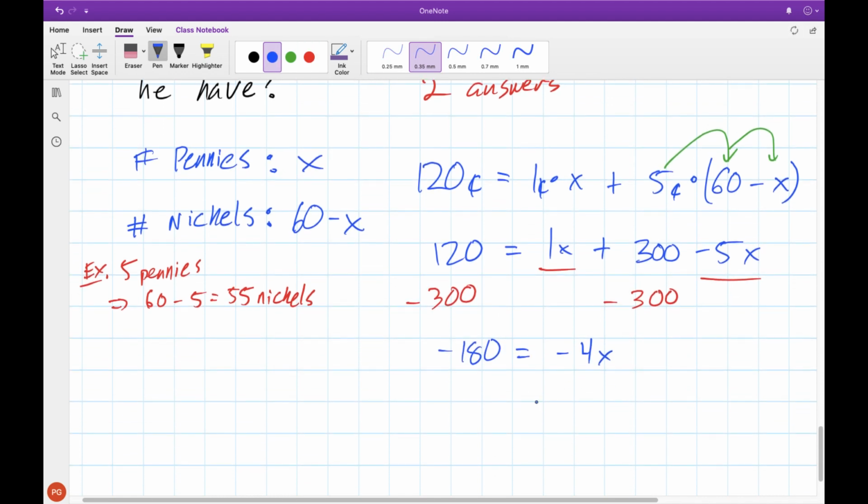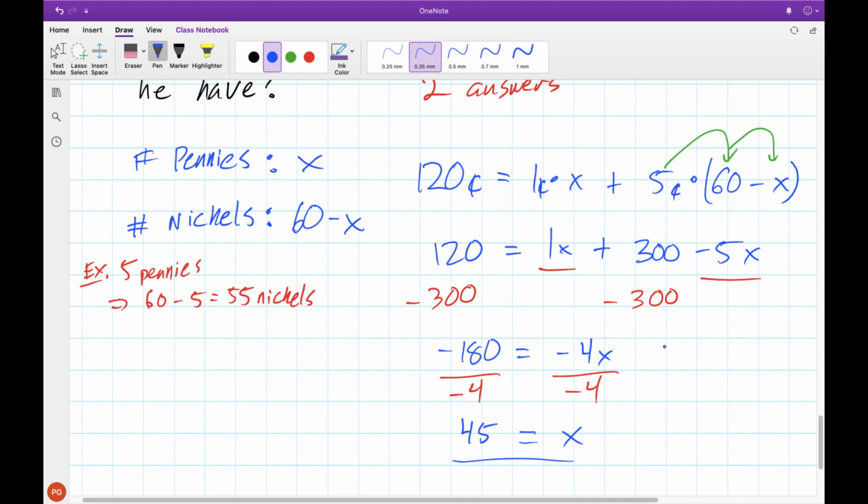And we should end up with this equation, negative 180 equals negative 4x. Now you might be thinking, that's weird, I wasn't expecting negatives. But in this case, since we have negatives on both sides, that's not a big deal. They're going to cancel out in just a second. When we divide both sides by negative 4, remember a negative divided by a negative gives us a positive. So we'll end up with x on our right side and 45 on the left.